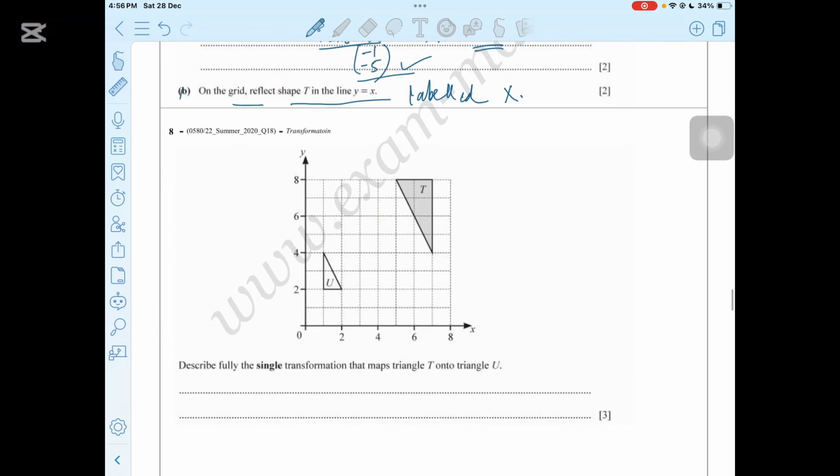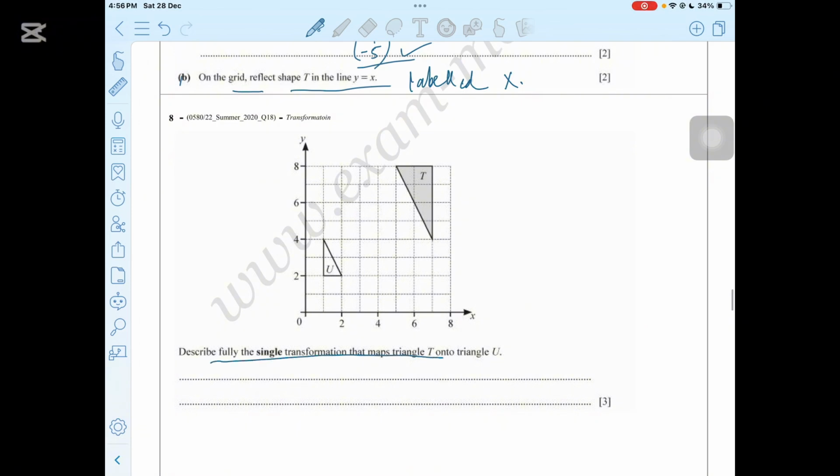Question number 8: describe fully the single transformation that maps triangle T onto triangle U. Again, the size has changed and it has tilted as well. So a negative scale factor.